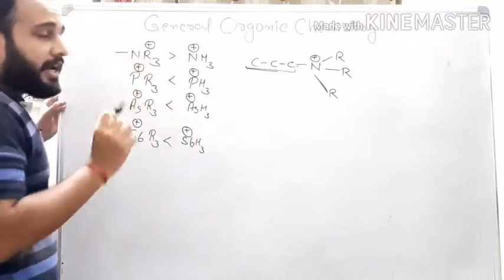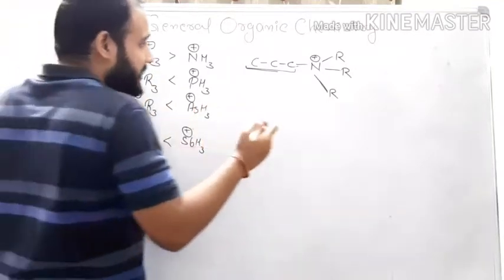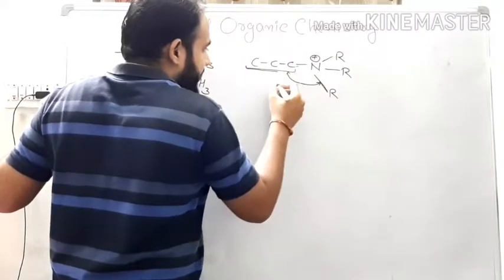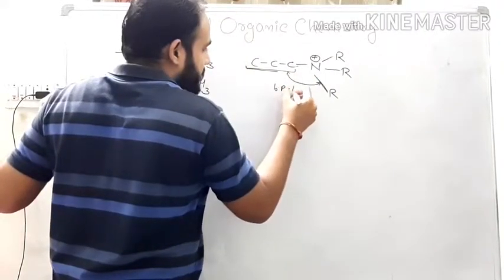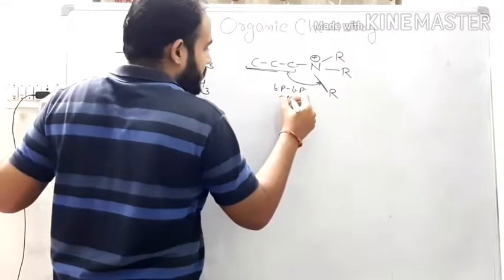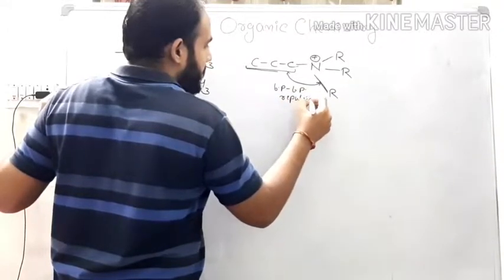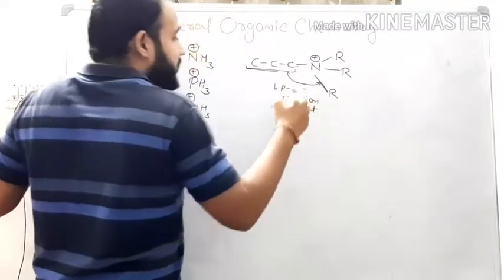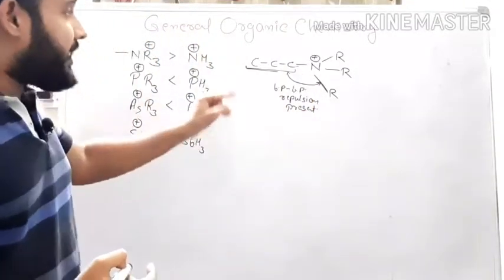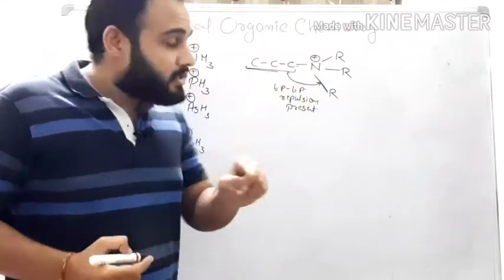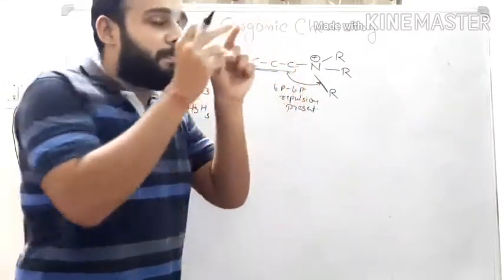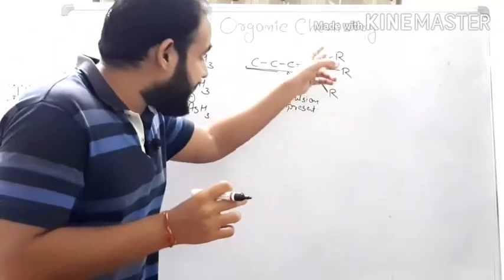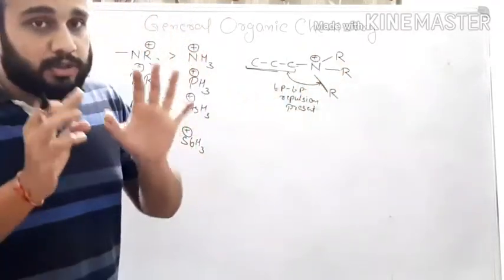Because of nitrogen's smallest size, bond pair repulsion is present. In NR3, the bond pair repulsion is the dominant factor over the plus I effect of these alkyl groups.